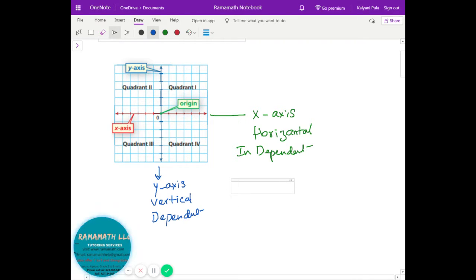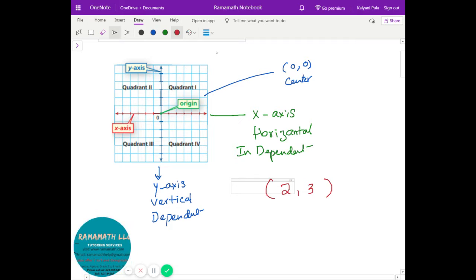And then you can also see the origin. Origin is basically the center, 0, 0. When I plot a point, we always write it as an ordered pair. Let's say I write 2 and 3.